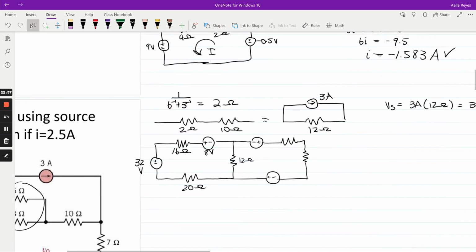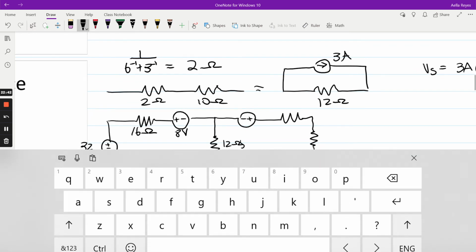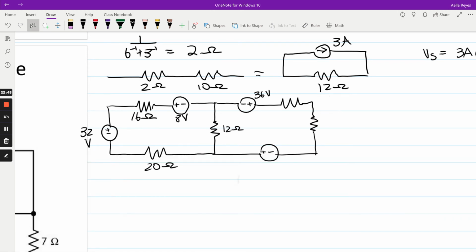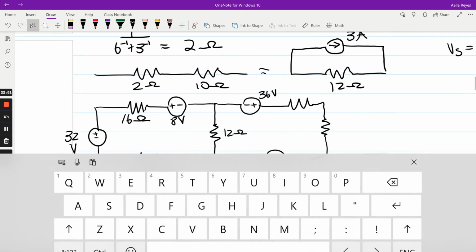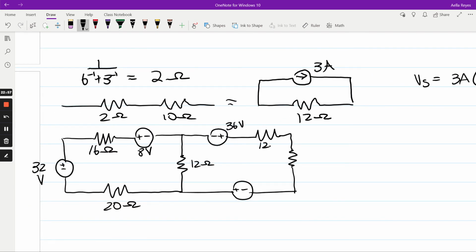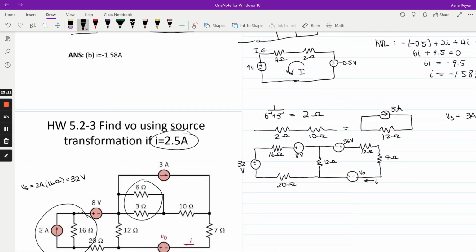This one is this source transformation with the new voltage of 36 volts. I got confused because they both started with 3. And then with the same value resistor, 12 ohms. This is the original 7 ohm resistor, and this is VO, the thing we're trying to find. And then I, which they actually gave us, which is 2.5 amps, which will come in handy later on.